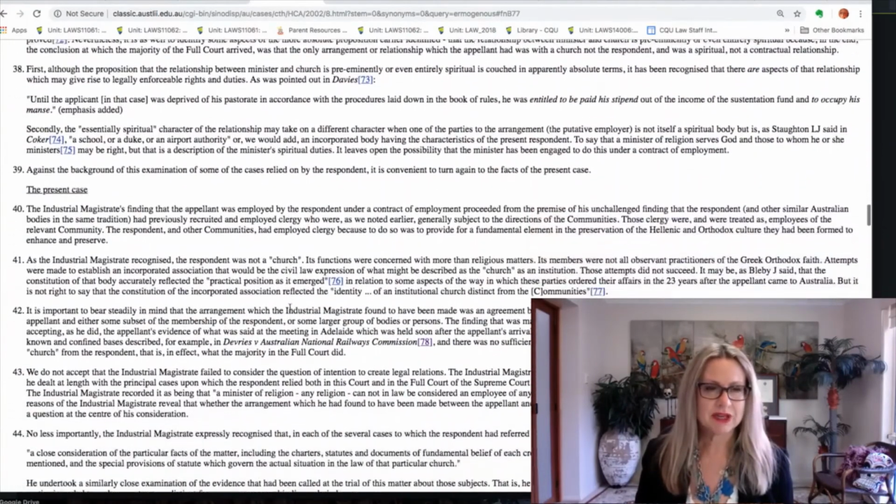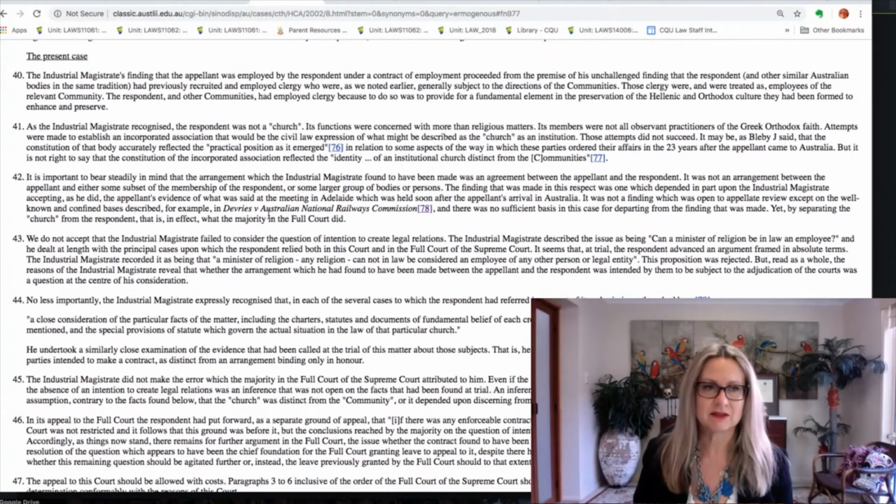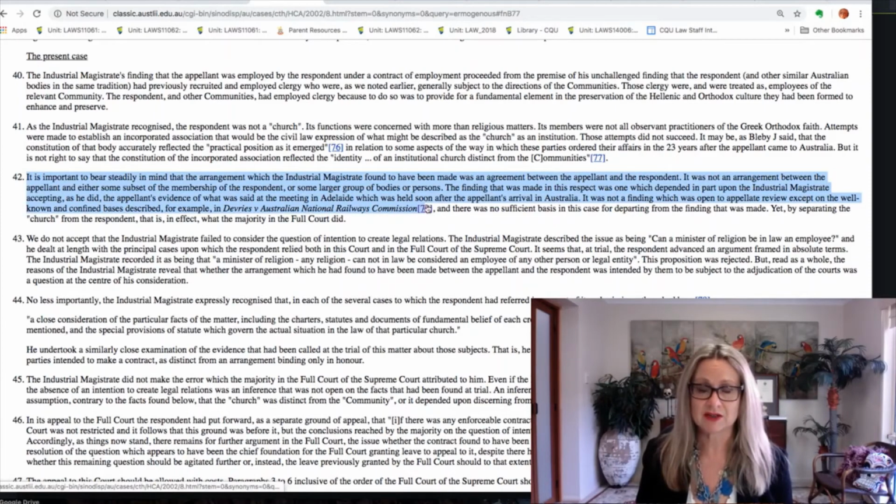They flip down, they talk further about the facts in the present case, and this is in paragraph 42, where they say you need to think about exactly what we have to do here in terms of the De Vries case, okay? It's important to bear in mind the arrangement that the industrial magistrate found to have been made was an agreement between the appellant and the respondent, okay?